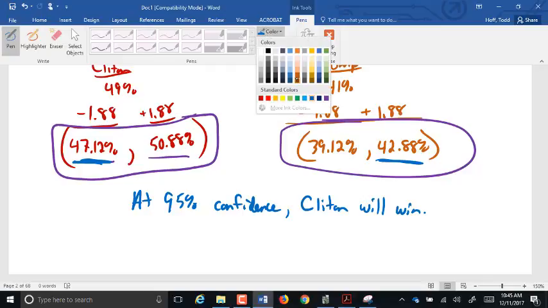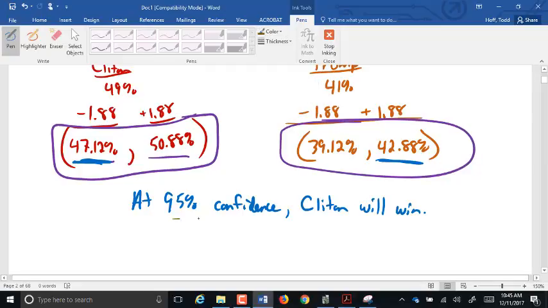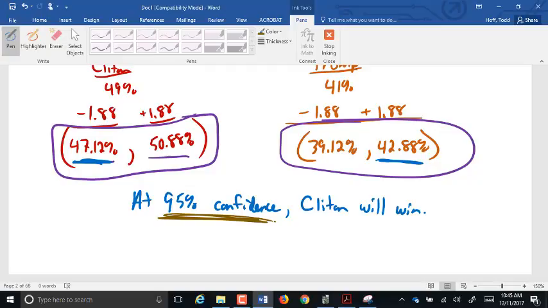So let's go back and revisit that term 95% confidence. What that is telling us is 95% of these intervals, if we repeated this survey over and over again, 95% of the time, the interval for Clinton would contain the true percentage of people that's going to vote for Clinton.